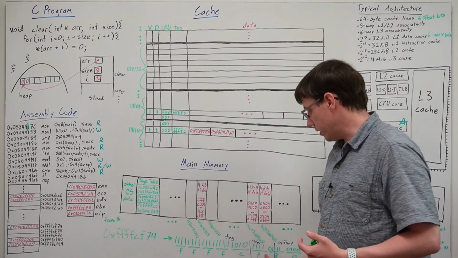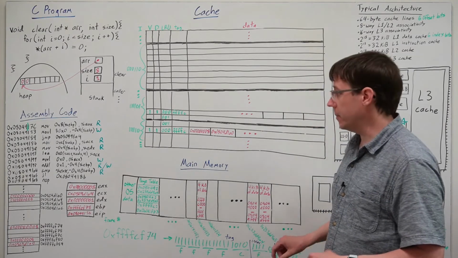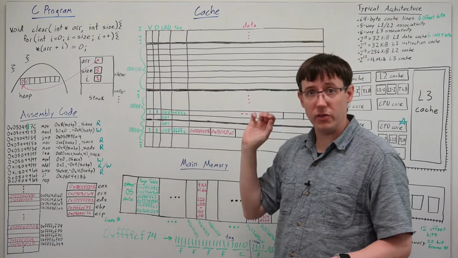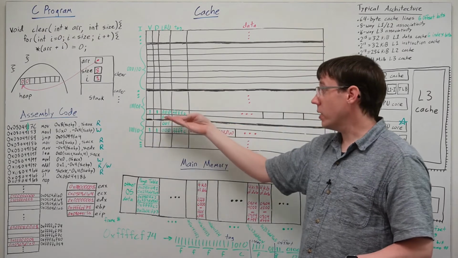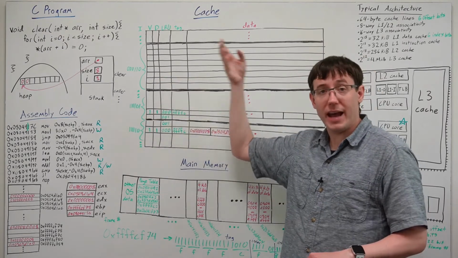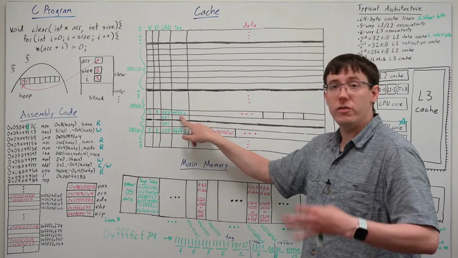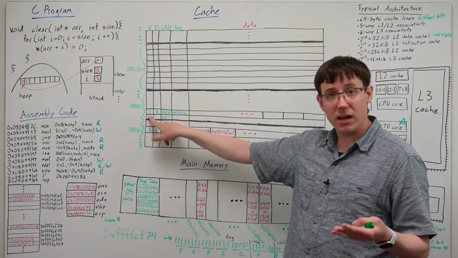So now we're looking for index 111101, which corresponds to a different set in the cache. And so we look at that set and check whether any of the 8 lines within that set have a matching tag and are valid. And again, we find the tag that we're looking for in a valid cache line.